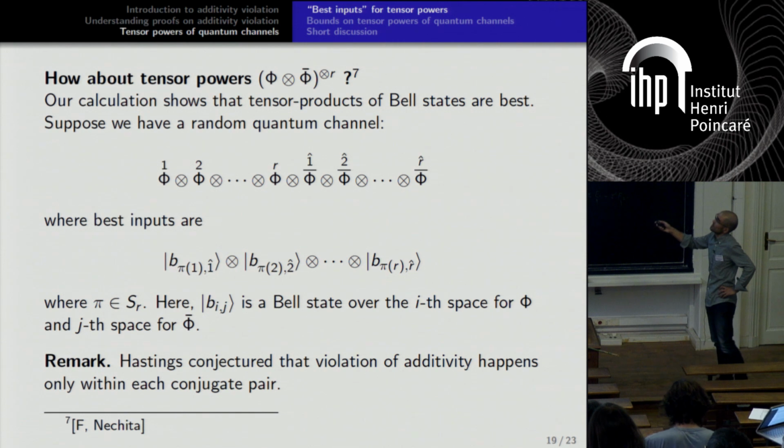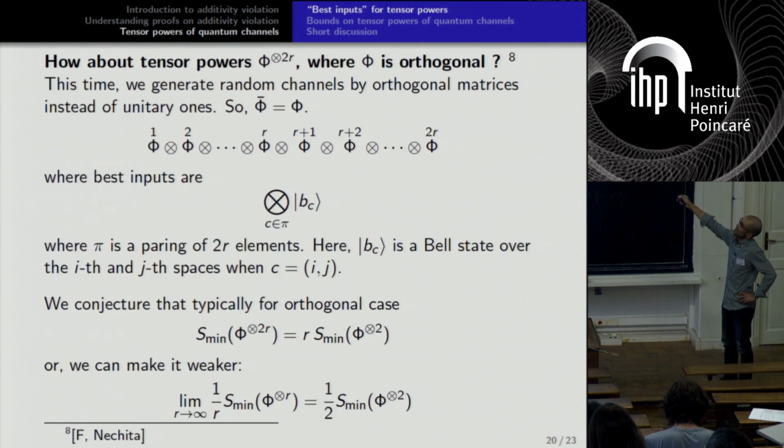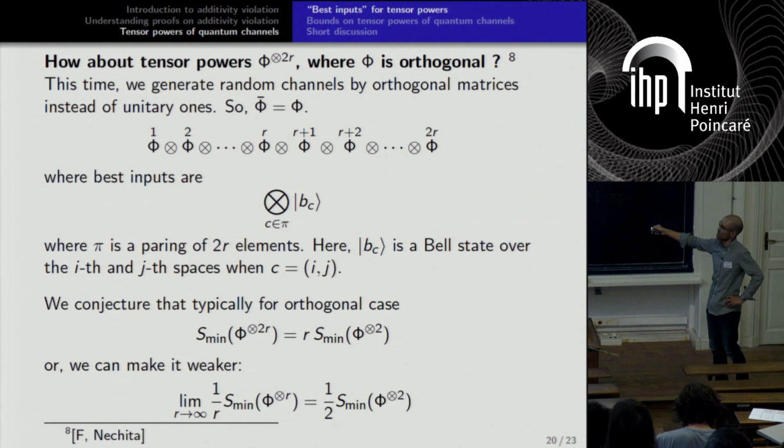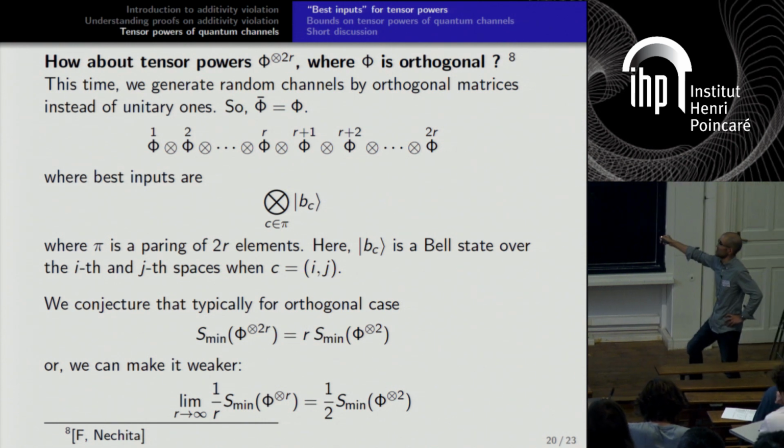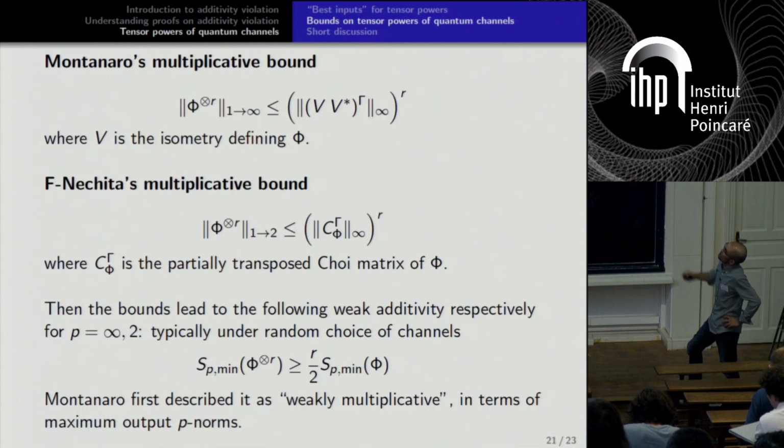But if we take orthogonal channels, then phi bar is phi itself, so why not think of this? And maybe for orthogonal random channels, this may be true. So this is what we want, the regularized quantity, and this regularized quantity may be just the minimum output entropy of phi tensor to 2, but we are not sure.